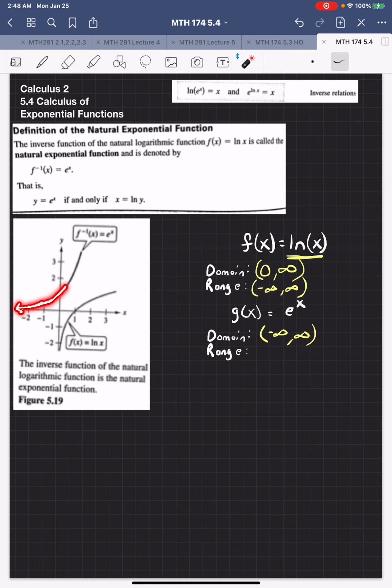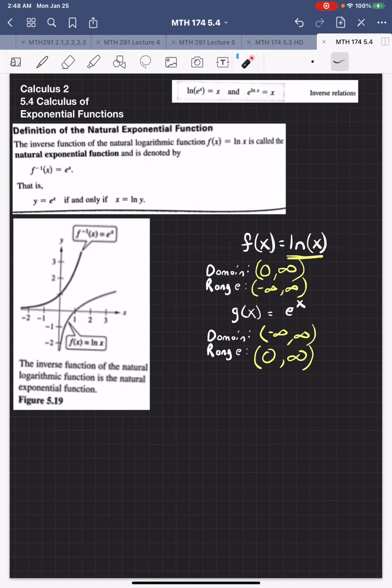And if you're looking to the right, it'll also continue to go up to infinity. So the range is from 0 to positive infinity.